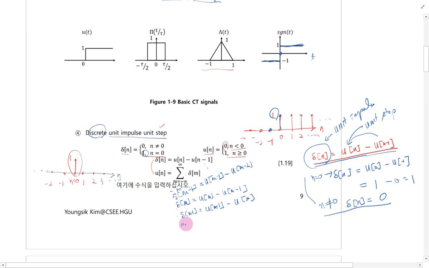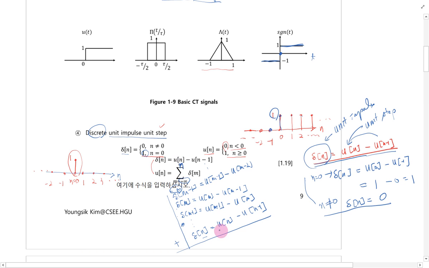And we continue this, and stop at delta[n], which is u[n] minus u[n minus 1]. So we would like to add all these terms. Then we sum from minus infinity to n. Oh, this is a typo, this should be n.